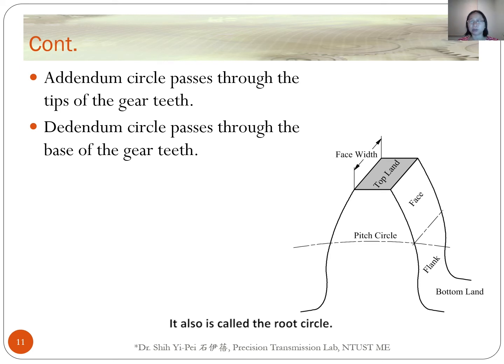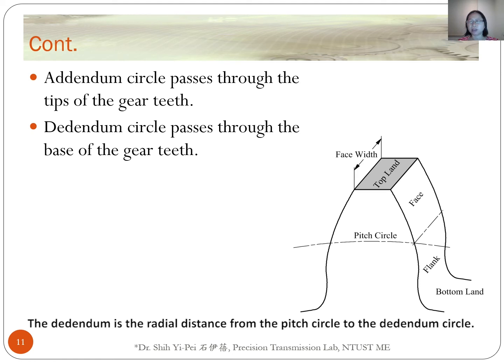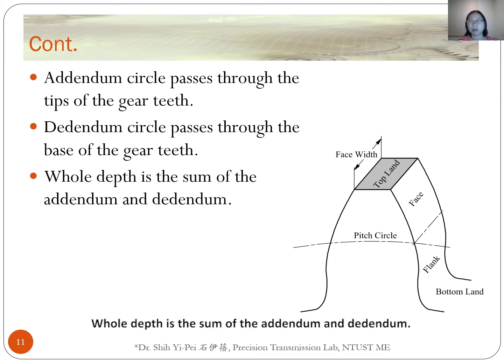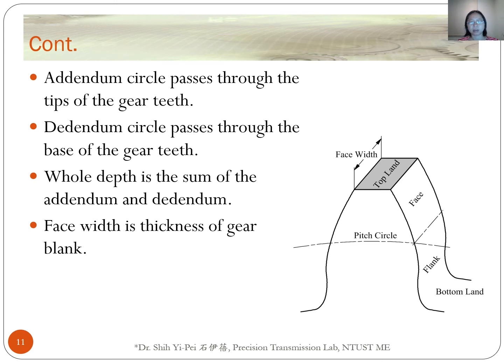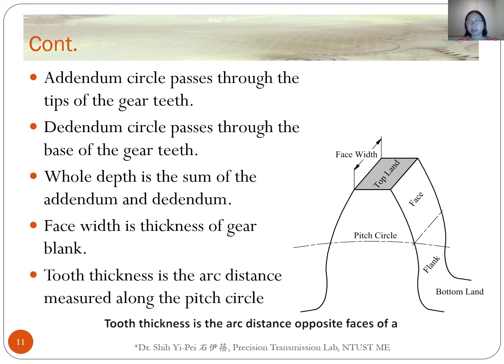It is also called the root circle. The dedendum is the radial distance from the pitch circle to the dedendum circle. Whole depth is the sum of the addendum and the dedendum. Face width is the thickness of the gear blank. Tooth thickness is the arc distance across a tooth measured along the pitch circle.